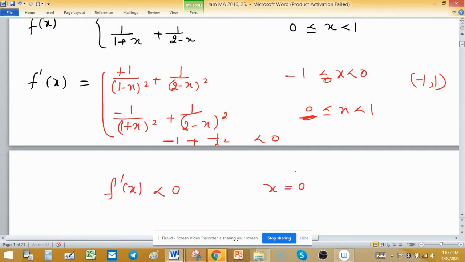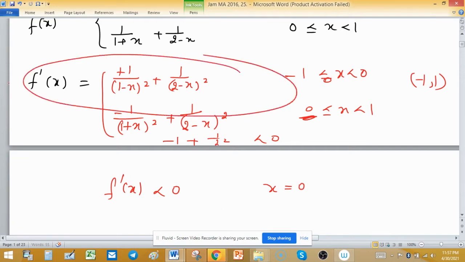But we surely have a conclusion for negative x: the function is increasing, because this is always a positive value.